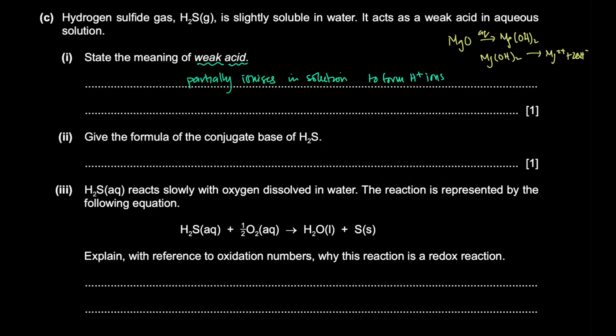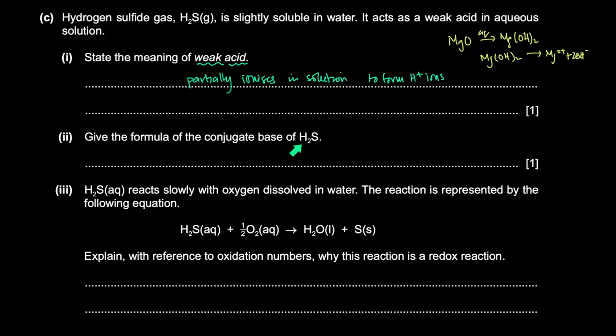When we talk about the strength of an acid or a base, it's basically saying whatever did dissolve, to what extent did it ionize? So magnesium oxide, even though it barely dissolves, it ionizes completely. So you may say, its pH isn't very high, so it must be a weak base. No. Its pH isn't high because it doesn't dissolve too much. But whatever does dissolve, ionizes completely. So therefore, it is still a strong base.